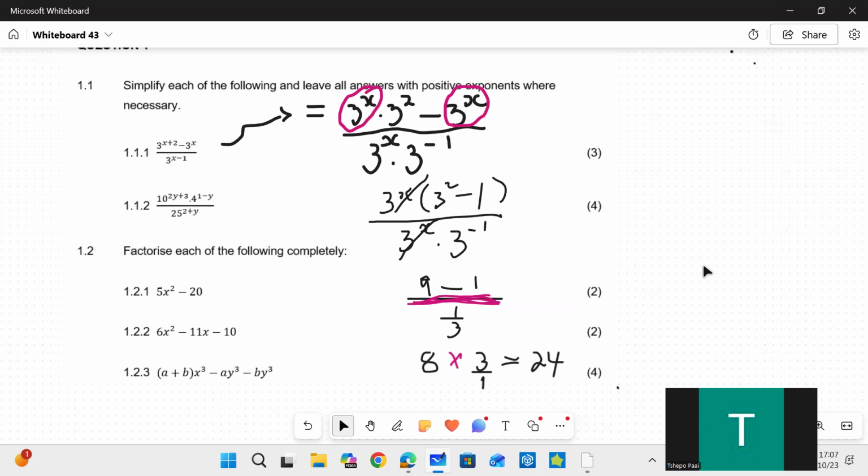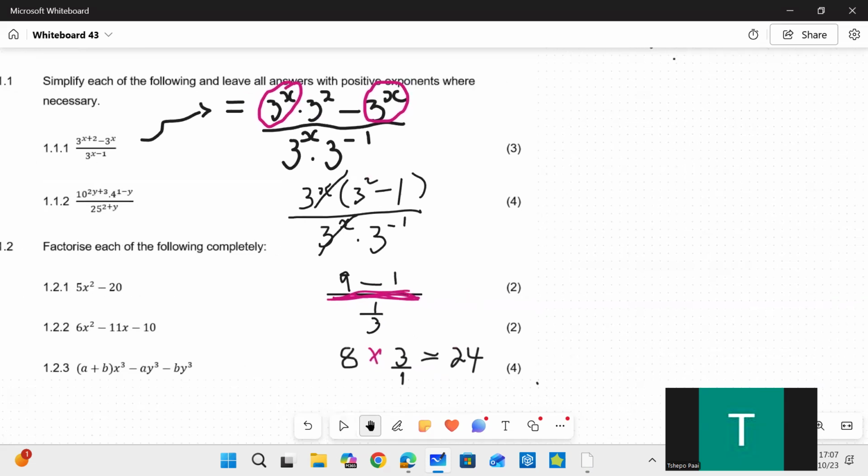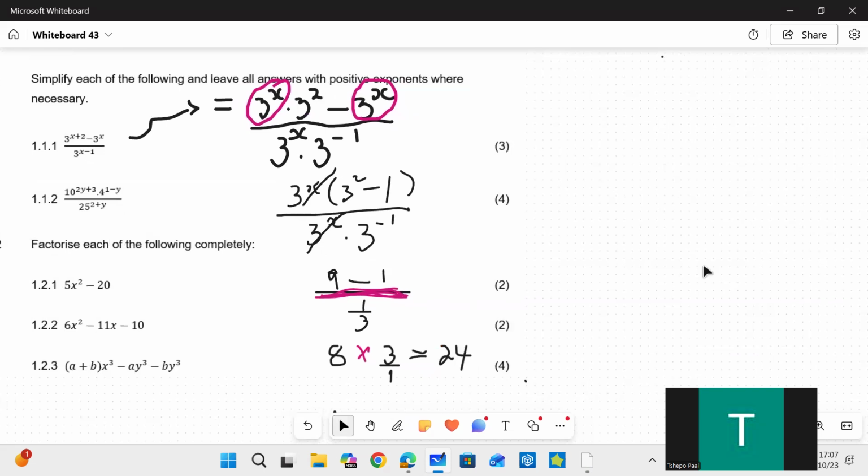Then we can look at the next question, which is 1.1.2. What is it that we are expected to do in 1.1.2? Now 1.1.2 also you have to simplify.